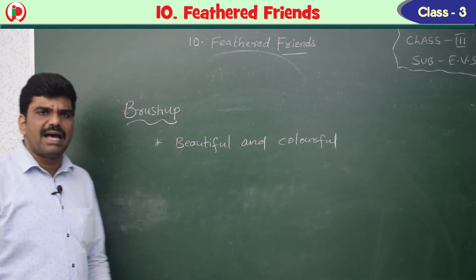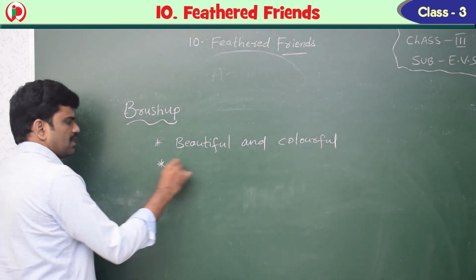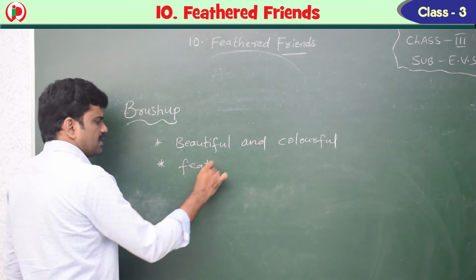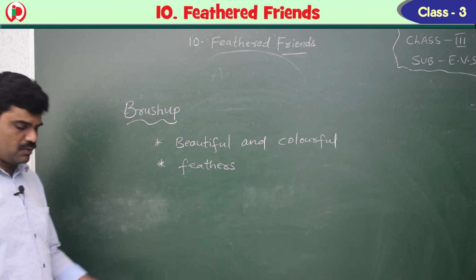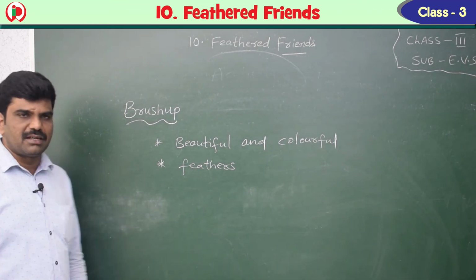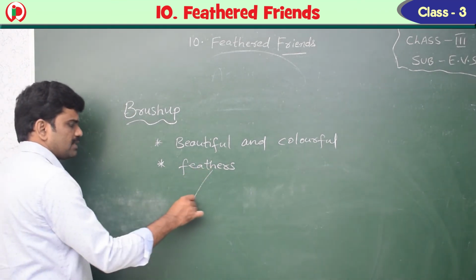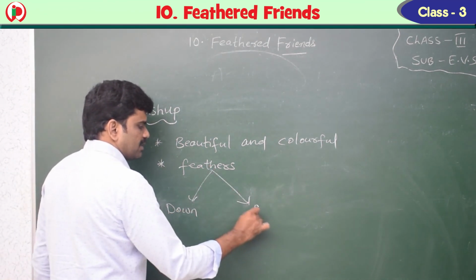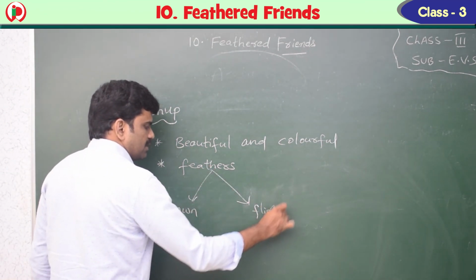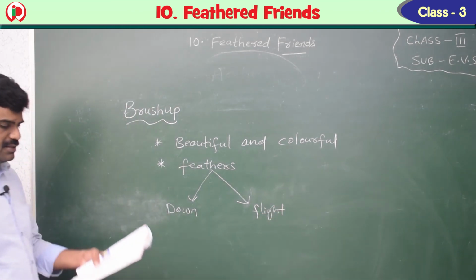All birds have feathers. Yes, children. And we have seen the uses of the feathers also. What are the two kinds of feathers? One is down feathers. Second one is flight feathers.